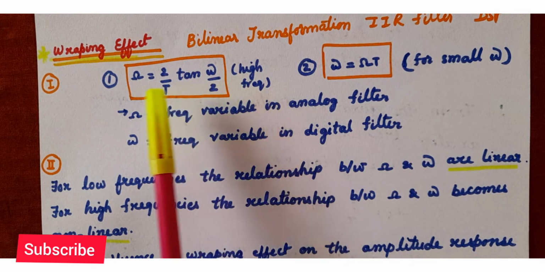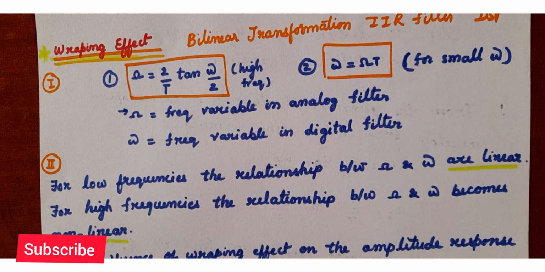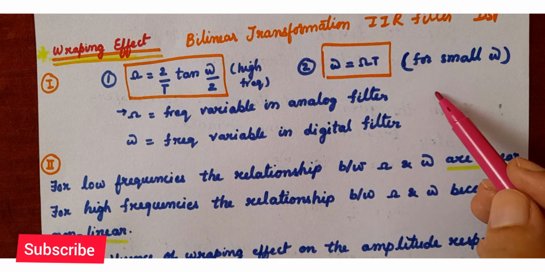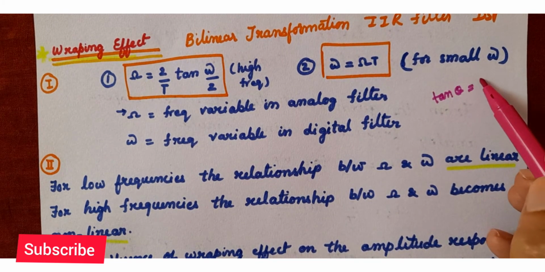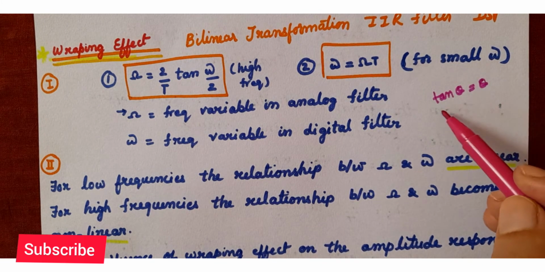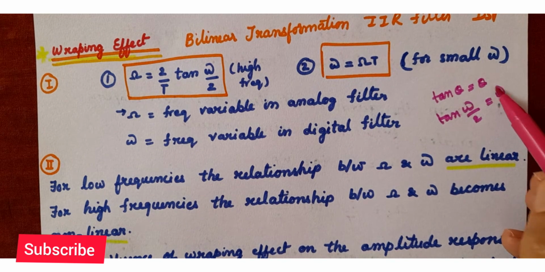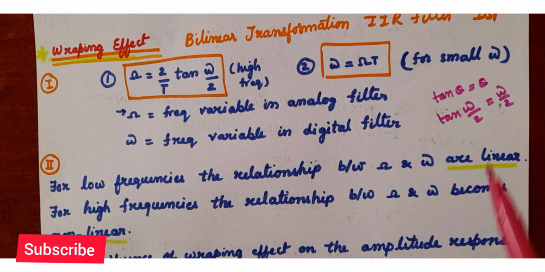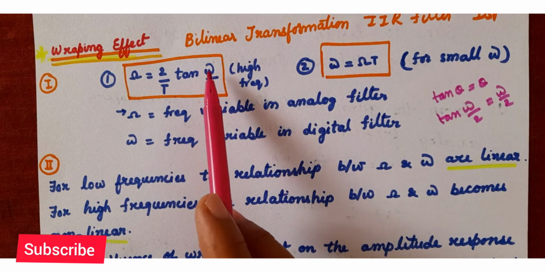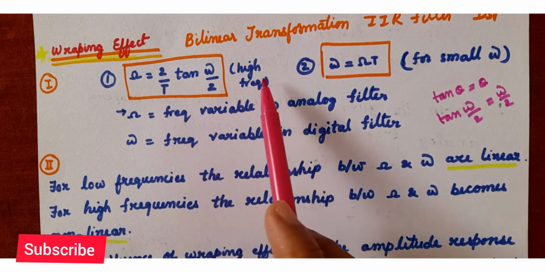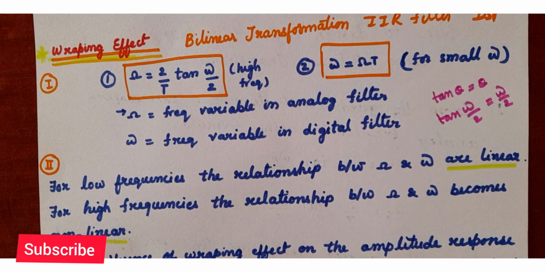At high frequency, this is the equation. At low frequency, tan θ, if θ is small, leads to θ. So tan(ω/2) at low values of ω becomes ω/2, and the 2s get cancelled. So we get the equation ω = ΩT, which we have already derived in the previous class.